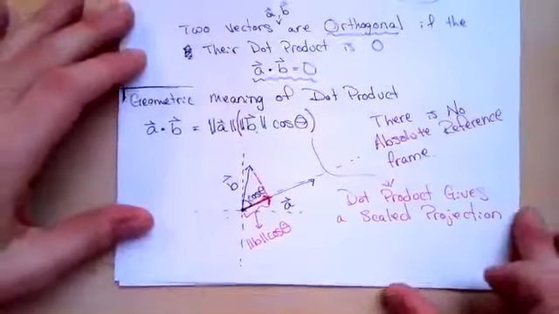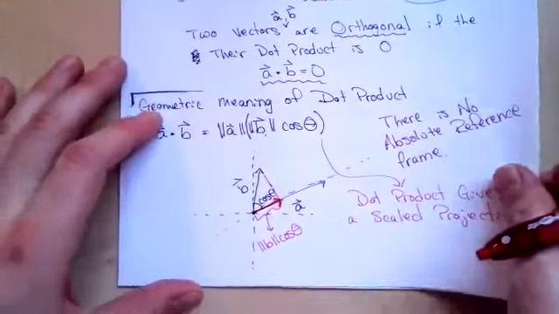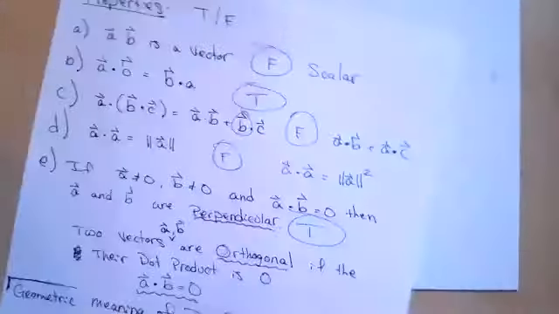So let's make a little more rigorous definitions off of that. Some questions we might want to ask then: what exactly is that scalar component?